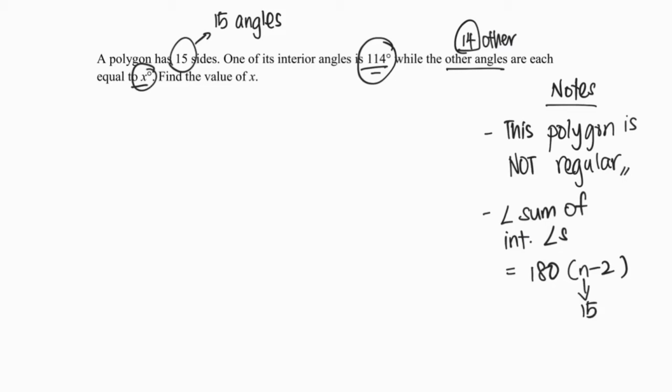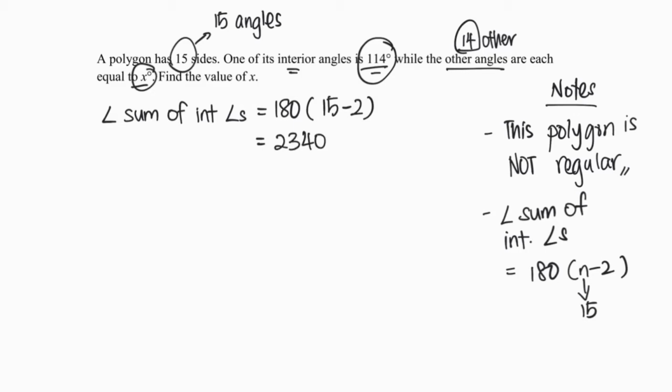So that's the very first thing that you should see. Angle sum of interior angles, since we're talking about interior angles, this one will be equal to 180 times 15 minus 2. Press calculator, this will give me a value of 2340 degrees.